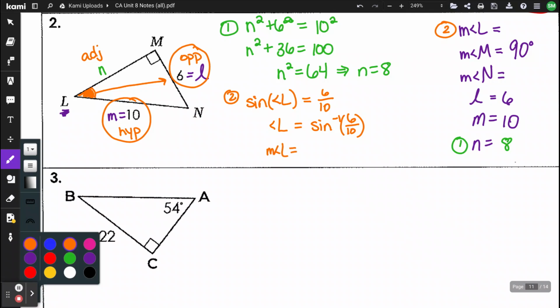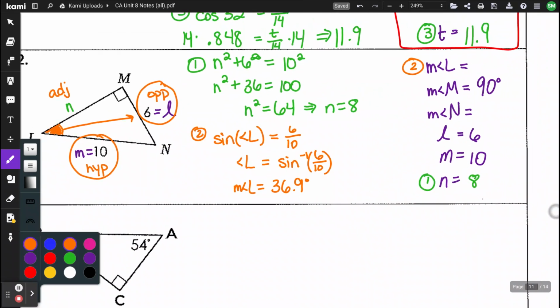And we can see then the measure of angle L is 36.9 degrees. Then to find angle N, we have the two other angles.